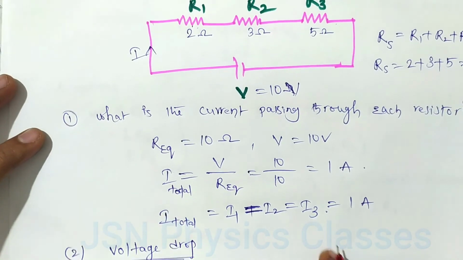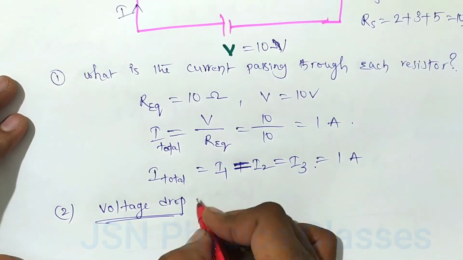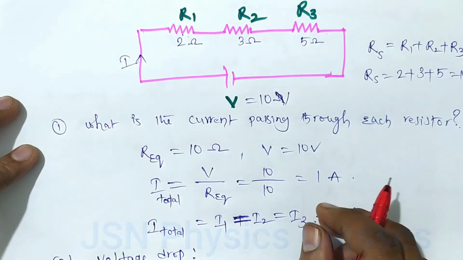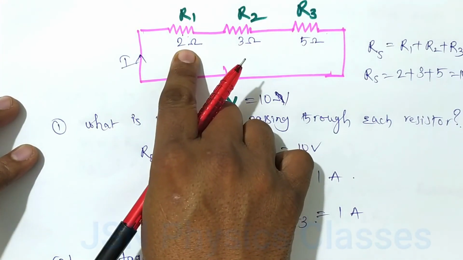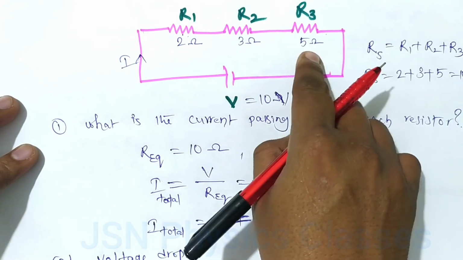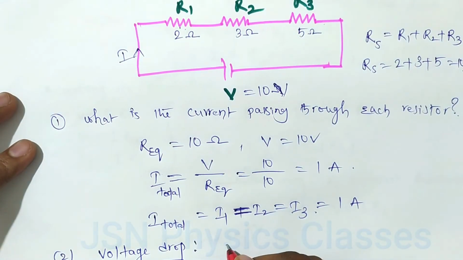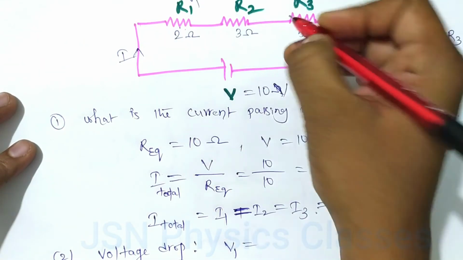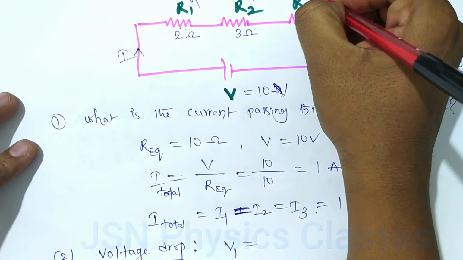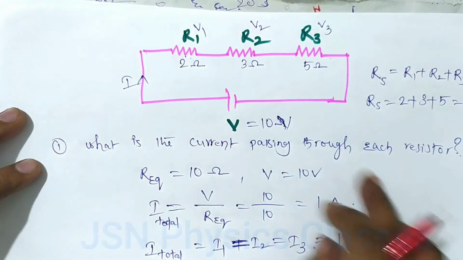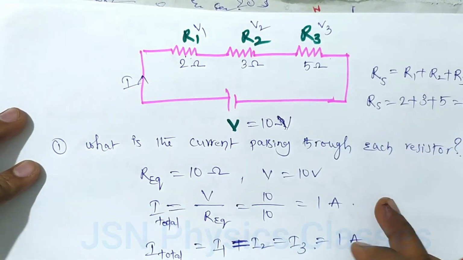So we are going to calculate the voltage drop. Here the voltage drop is different for different resistors, because R1 has a different value, R2 has a different value, R3 has also a different value. So according to Ohm's law, the voltage drop across R1 is V1, across R2 is V2, across R3 is V3.